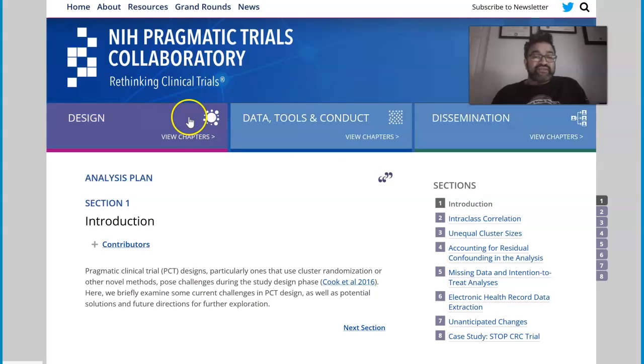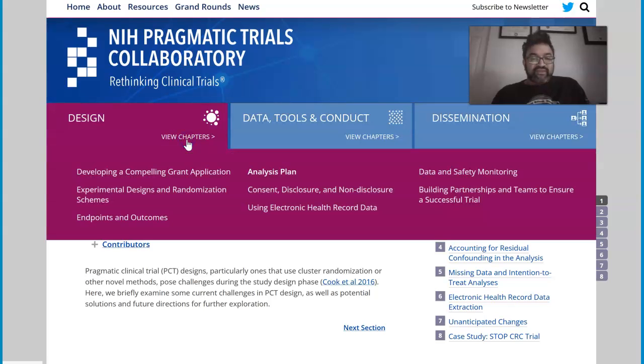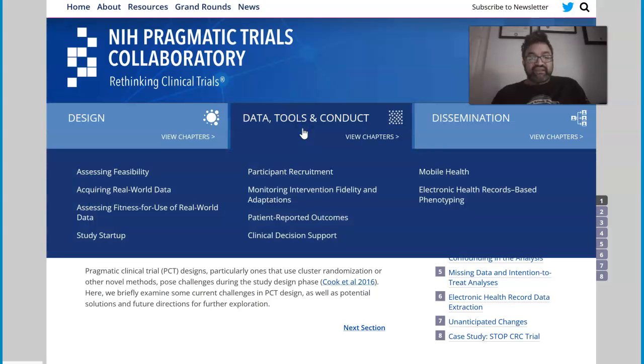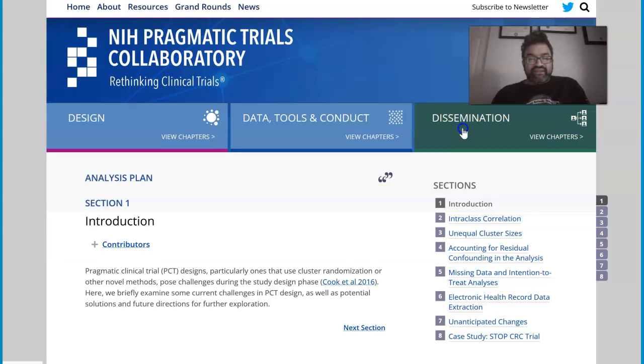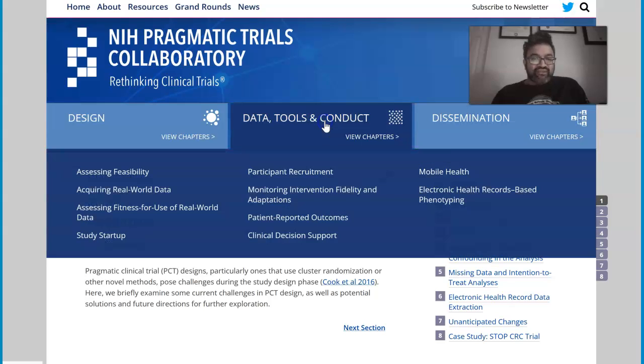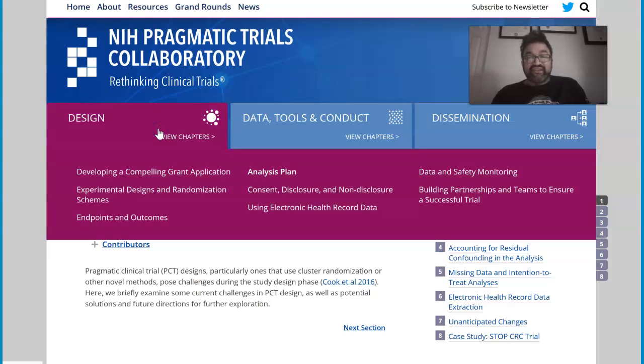So anyway, what is in fact within the chapters? Well, there's design, there's data tools and conduct, and then dissemination. So these are the three types of sections that this is divided into.